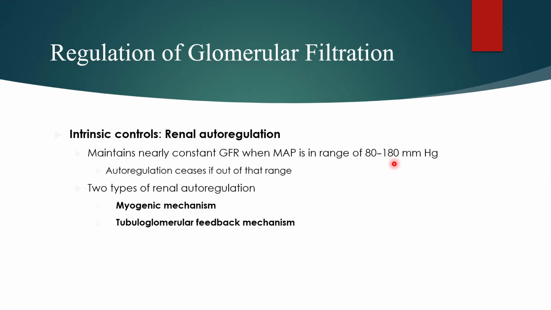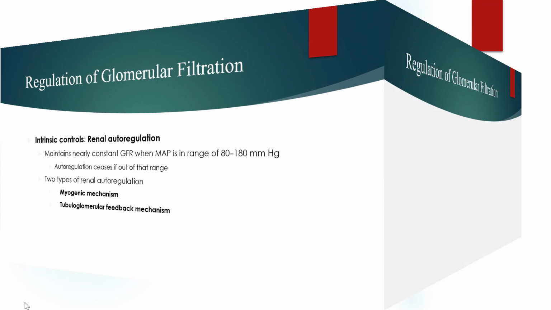Below that or above that, your renal autoregulation would stop. There are two types of renal autoregulation. One is the myogenic mechanism, and the other one is the tubuloglomerular feedback mechanism.